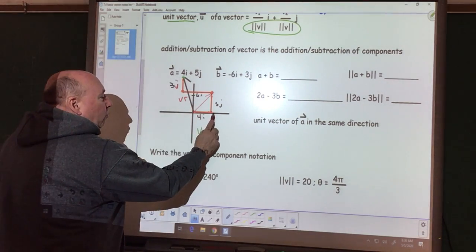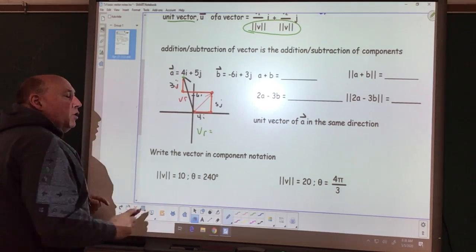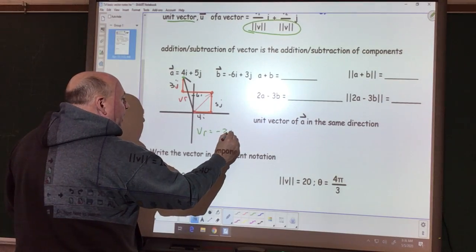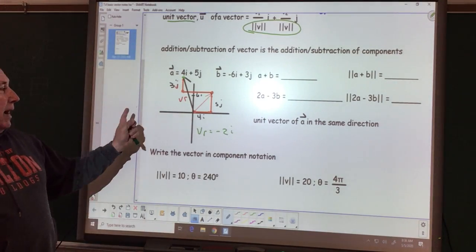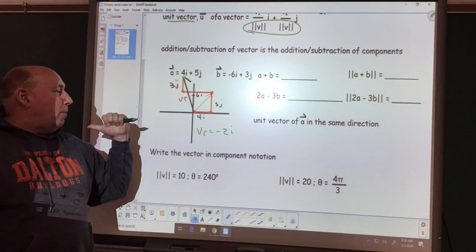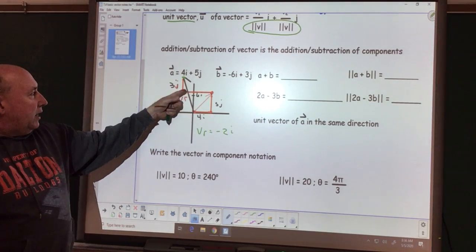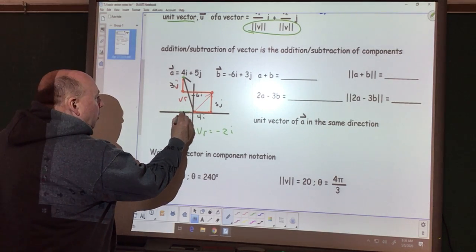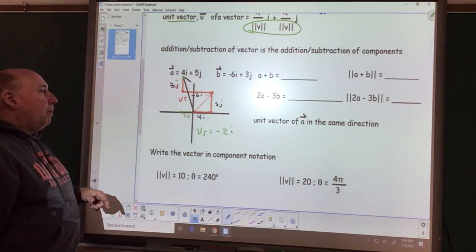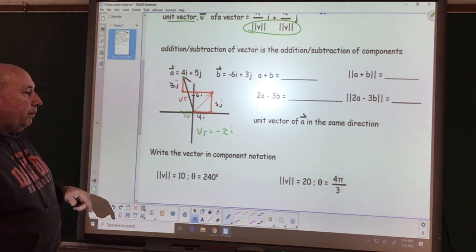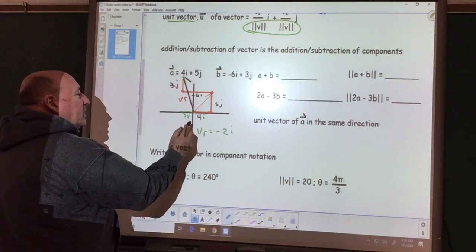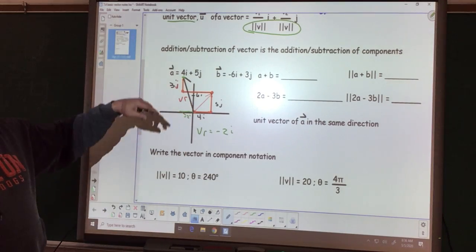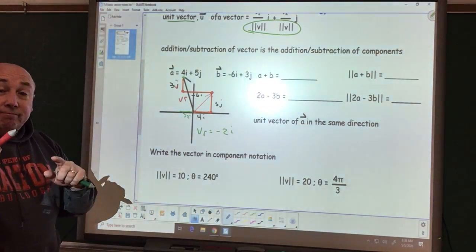Well, I went out 4 to the right, but then I went back 6 to the left, so I went negative 2 in the I direction. My net is I go out 4 and I go back 6, so all I've done is go negative 2I. And in my J direction, I went up 5 and then I went up 3 more, so I went up a total of 8.